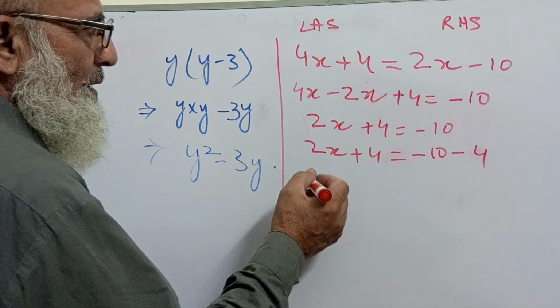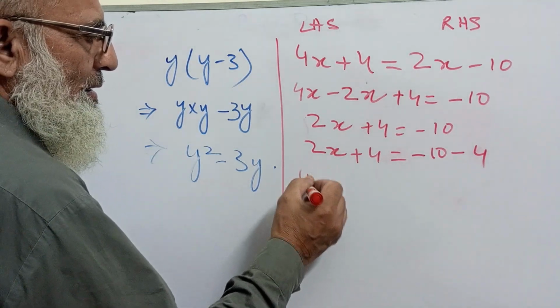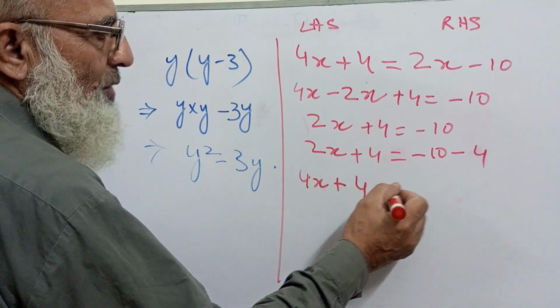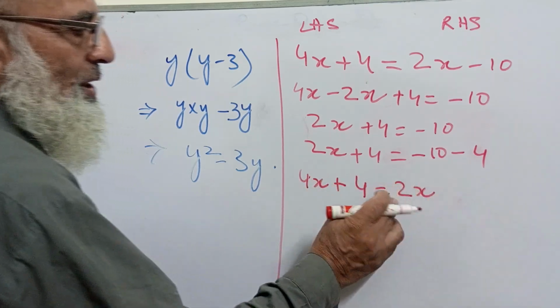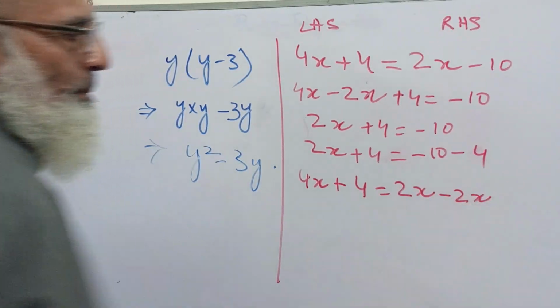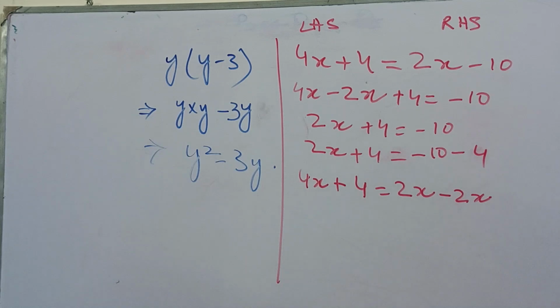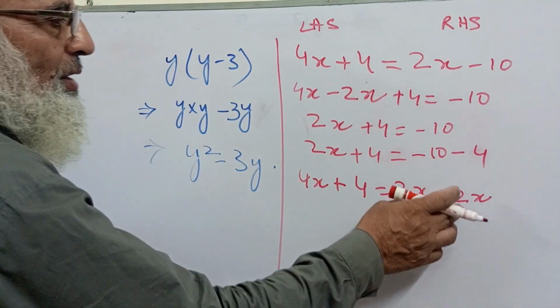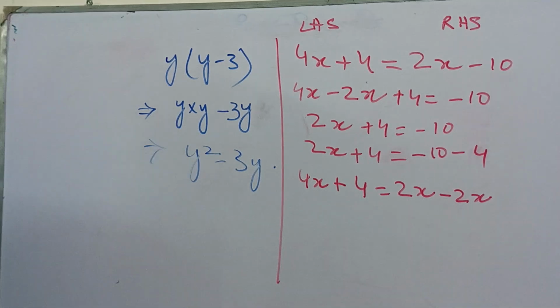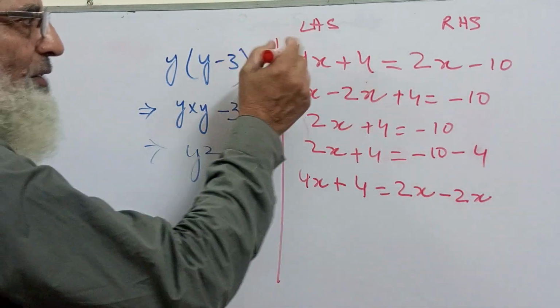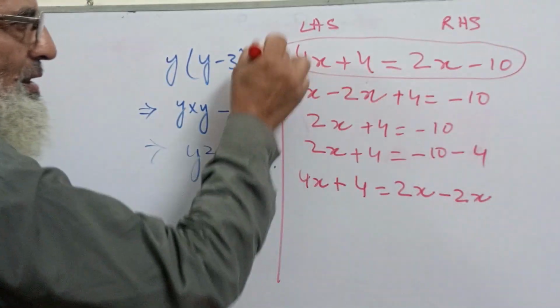Now what we do here is 4x plus 4 is equal to 2x. Now this is positive, so we will make it 0 over here, and by making it 0 over here, we have an unbalanced equation. Now this is not equal, because the given equation was this.